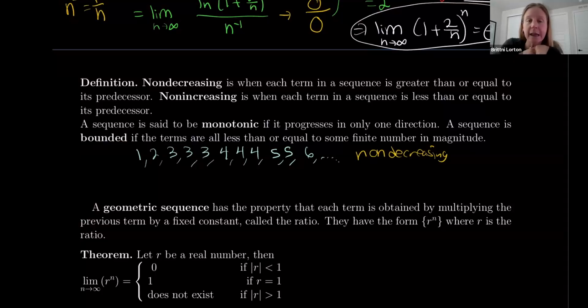So this non-decreasing sequence as an example is not bounded because that's going to go up forever. Whereas the first one that we did, which was 1, 1/2, 1/4, 1/8, 1/16, and so on, is bounded because the terms were never going off to infinity or negative infinity.